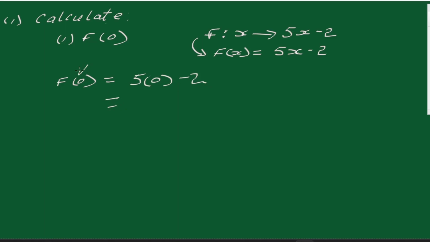Again, the value here will tell us what is the input into the function. Anywhere we see an x, we're going to replace it with 0. And in this case, -2 is our answer. So it's a simple question worth about one mark.